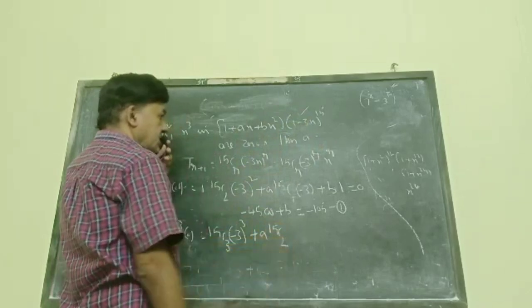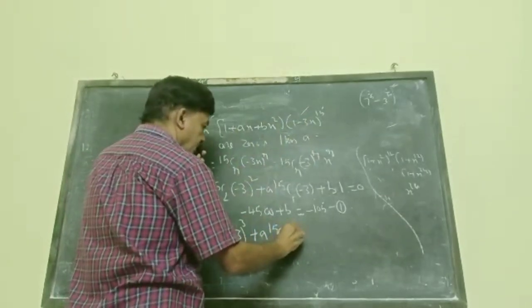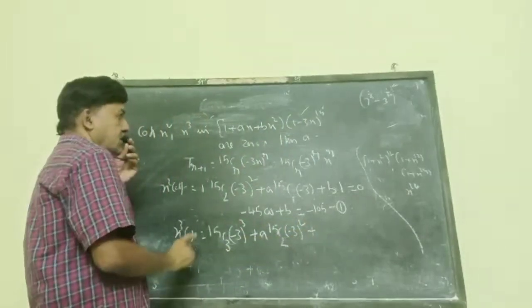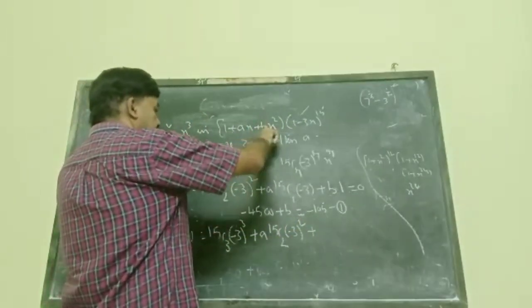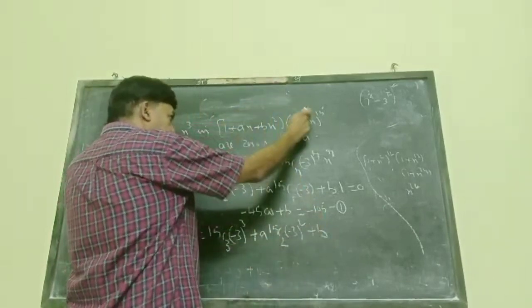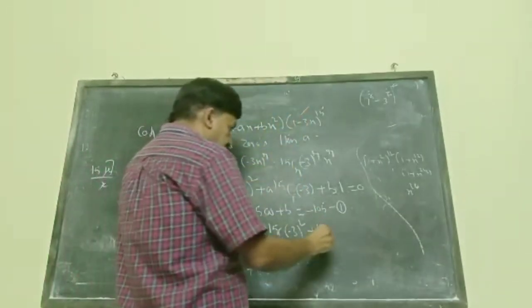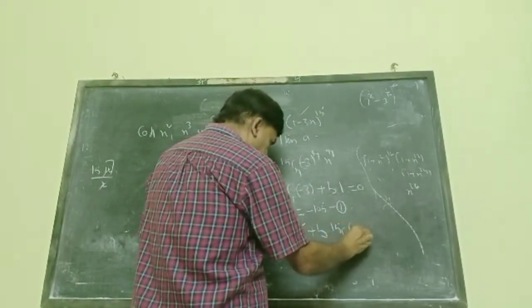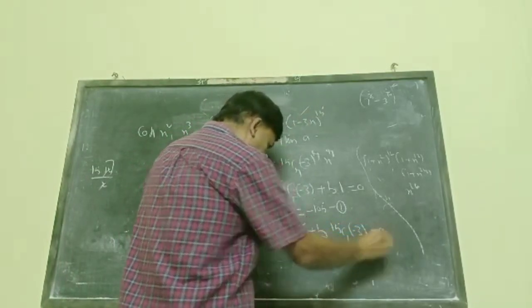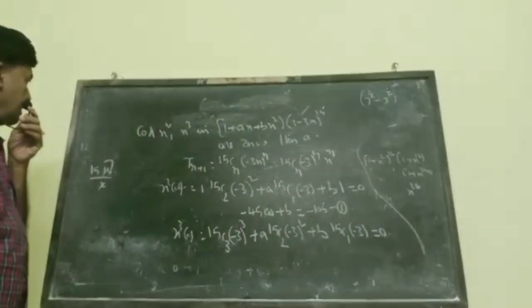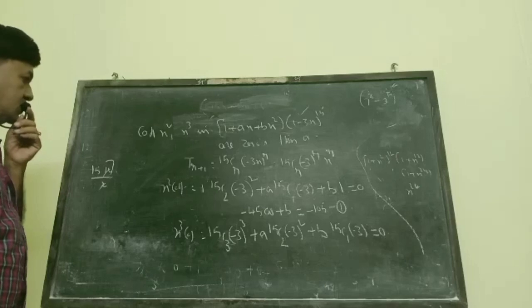So 15C2 (-3) whole square. Next is b into x square into x coefficient. So what is the x coefficient in this? r value 1. So minus 3 is equal to 0. Yes, understood? 15C2 is how much? 105.